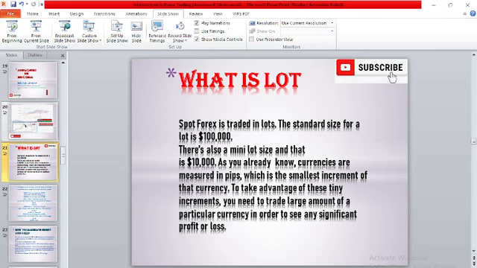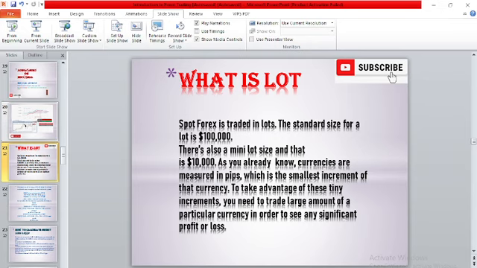It says, what is a lot? Spot forex is traded in lots. The standard size for a lot is 100,000 US dollars. There is also a mini lot size, and that is 10,000 US dollars. As you already know, currencies are measured in pips, which is the smallest increment of that currency.